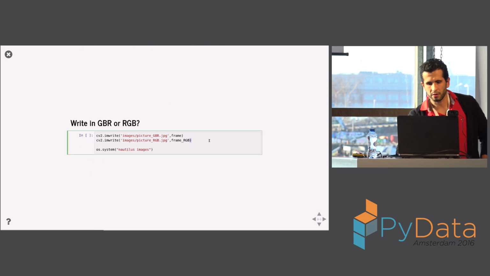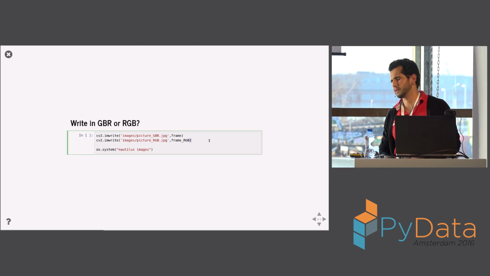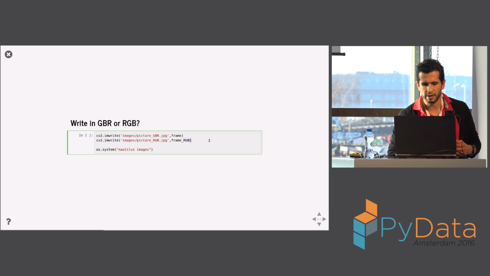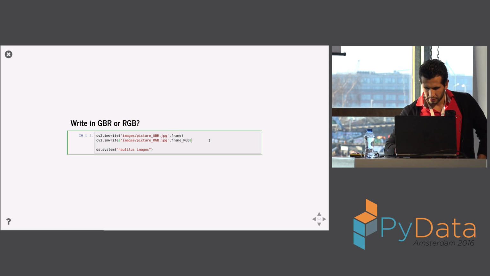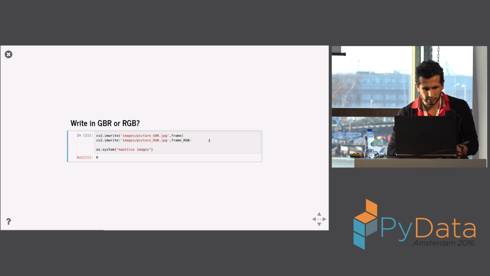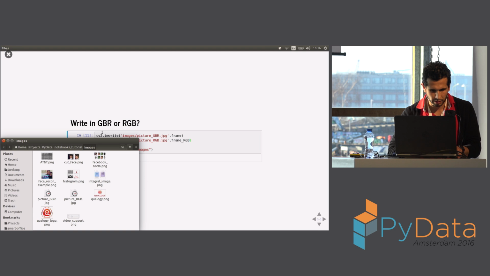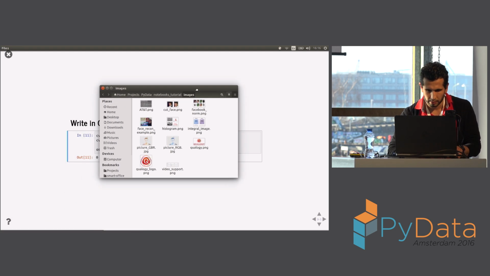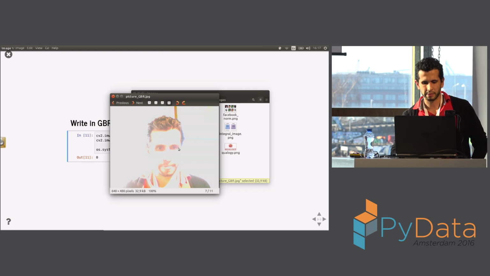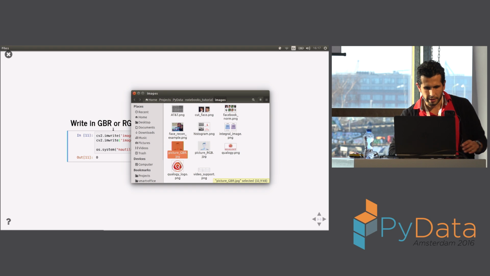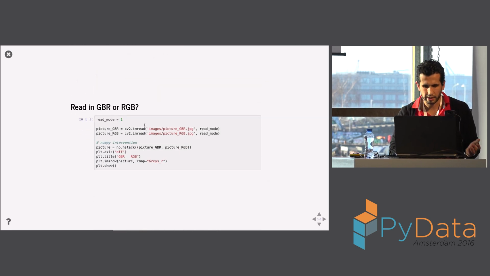Okay. So now, if OpenCV uses BGR, does it save it in BGR? Because that would be really sucky. And, well, it doesn't. That's a good thing. So you can see here the BGR, that's the one from OpenCV, and it's the right colors. And for reading, it's the same thing.